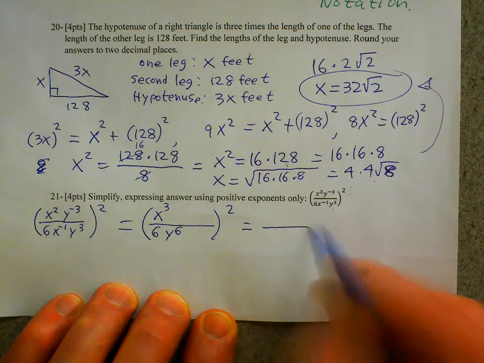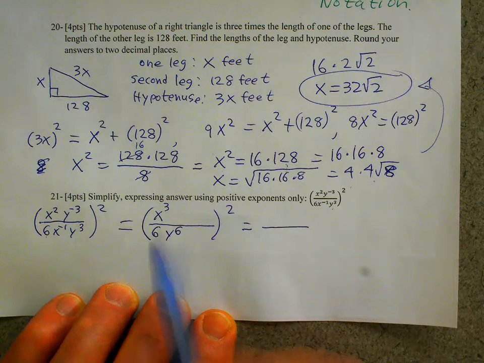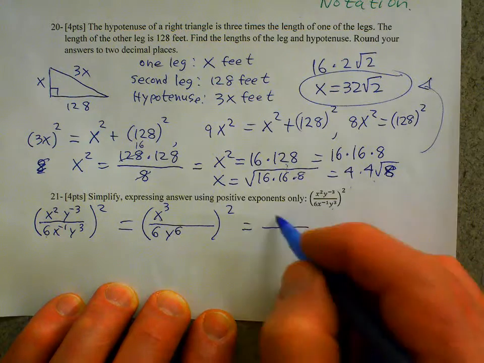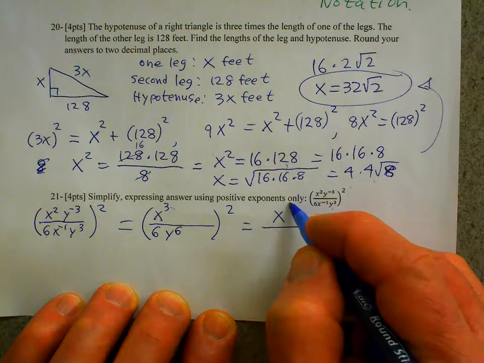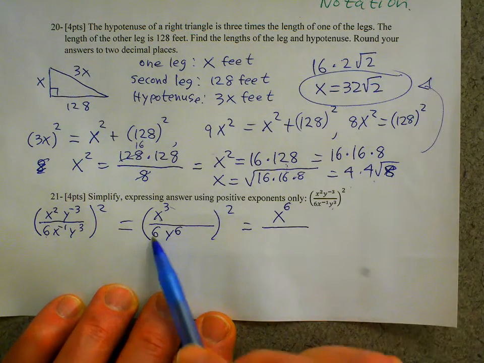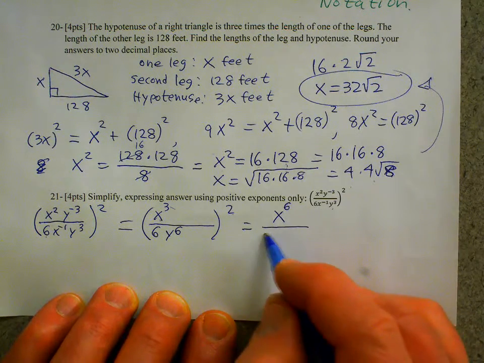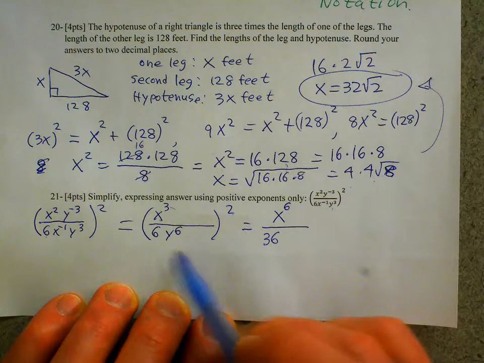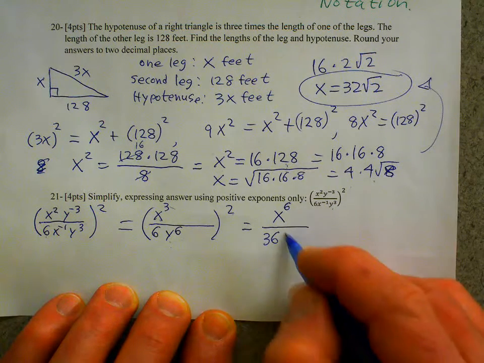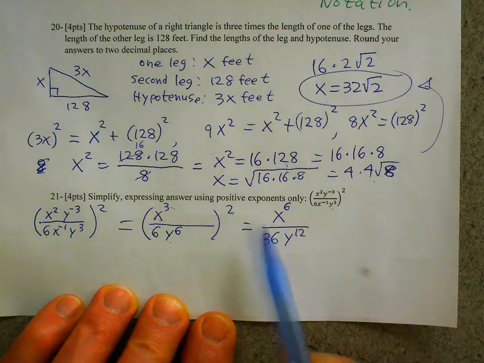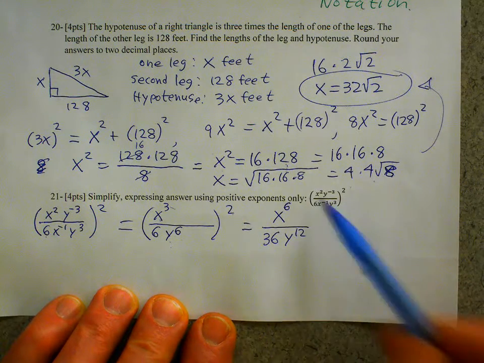And now we can apply the outer exponent. So x to the third to the second is x to the 2 times 3, or x to the 6th. 6 to the second is 36. And y to the 6th to the second is y to the 12th. So this is our simplified answer.